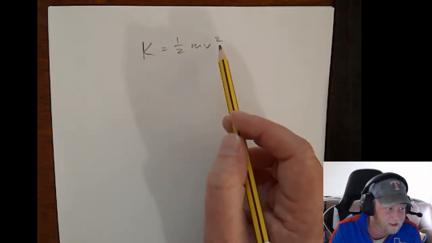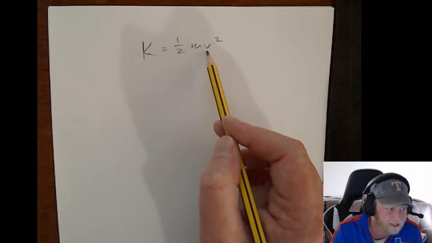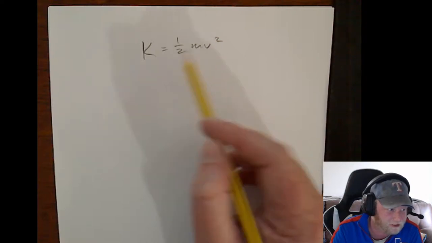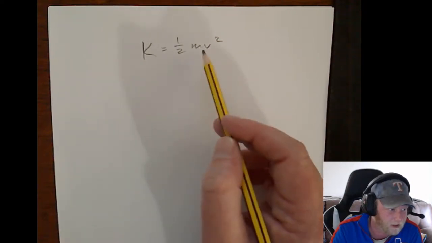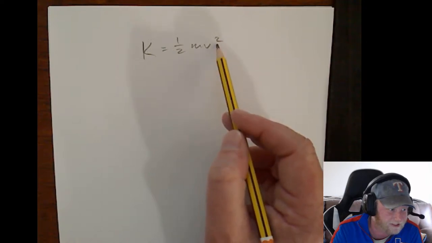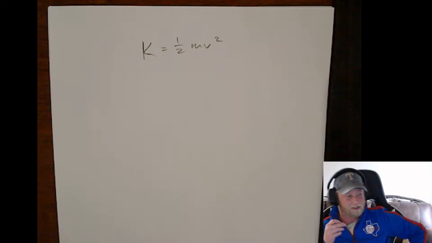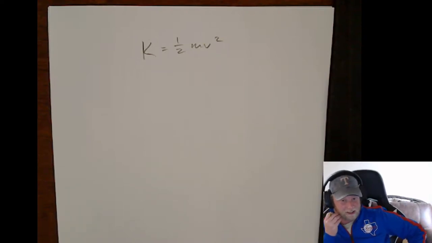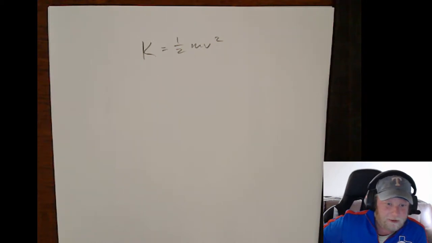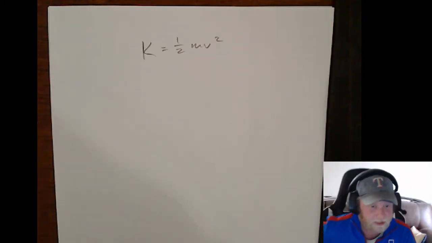Now also think about this. Whether the velocity is negative or positive, what's going to be true about your kinetic energy? Well, because velocity is squared, your kinetic energy is always going to turn out positive, which means that kinetic energy is a scalar quantity.